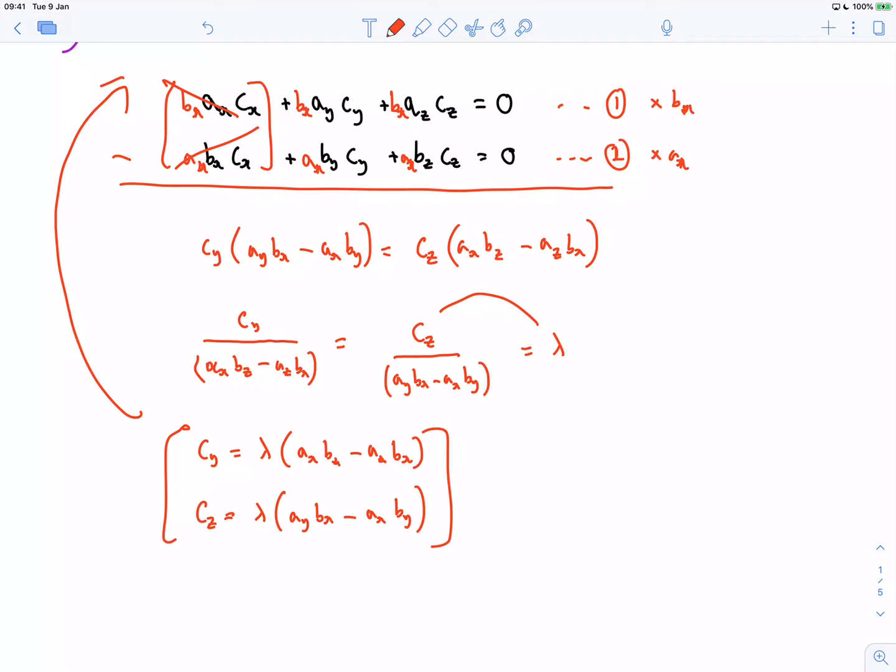So what do I have? Well, I've got BX AX CX plus BX AY lots of CY, which is lambda lots of AXBZ minus AZBX. Oh, careful, that's a Z. It's AXBZ.